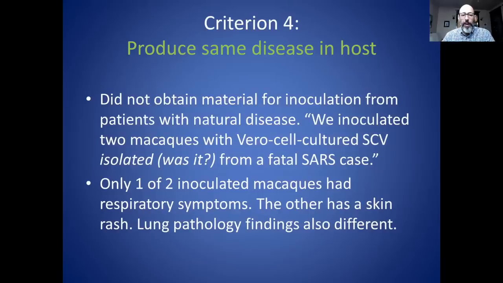However, out of those 2 macaques, and they only did this with 2, only one of them had respiratory symptoms. So even if you say that they really did inoculate them with something they isolated from a sick person, they didn't cause the same disease in both of the hosts, only in one of them.